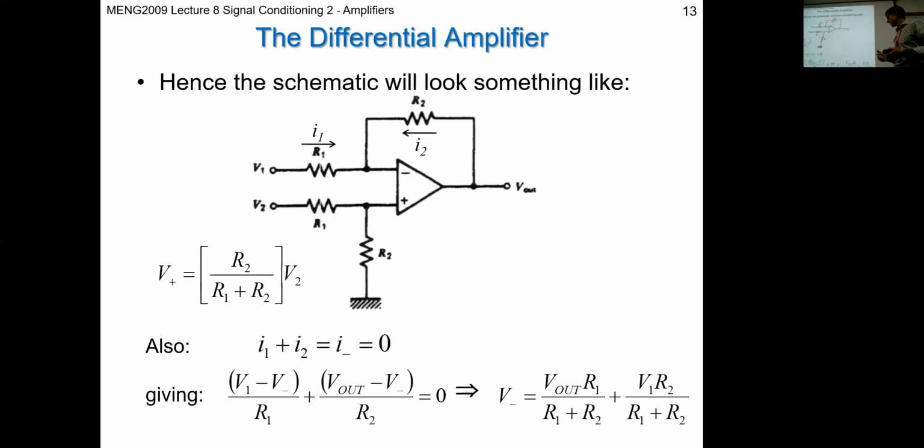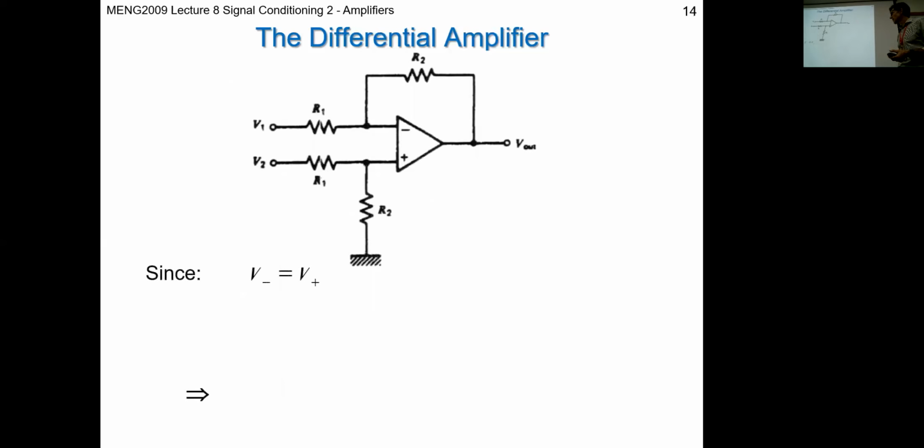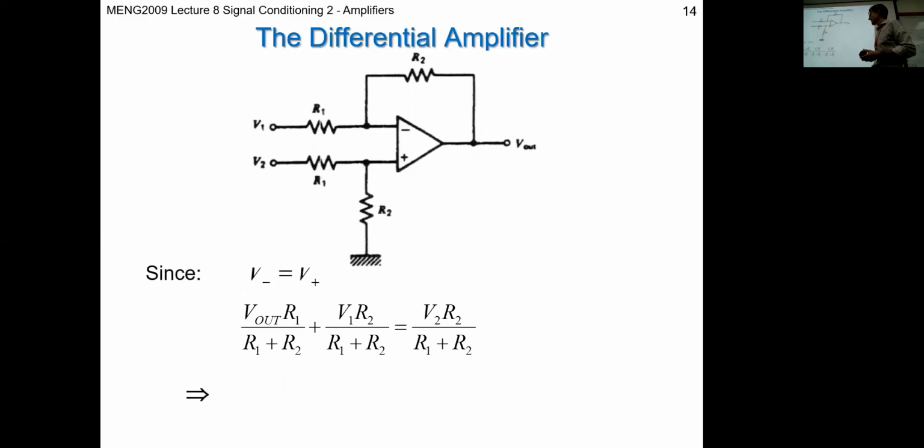By doing that, we can get an expression for V out in terms of V1 and V2. Since V minus equals V plus, we put those two expressions together and multiply it out. So why don't you do that? Quickly multiply out this equation. It's very light work, but I'll let you try that to get an expression for V out. See if you can come up with it.